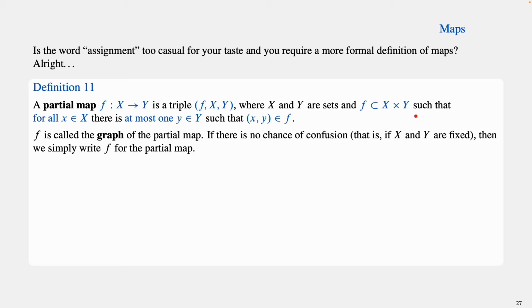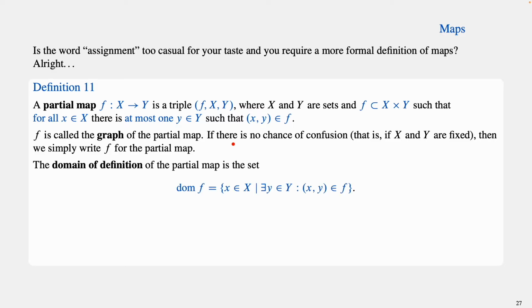Then this f is called the graph of the partial map. And if there's no chance of confusion, so if the sets X and Y are fixed, then we simply write f for the whole partial map. So we won't list the triple here, but we will simply write the symbol f for this partial map.